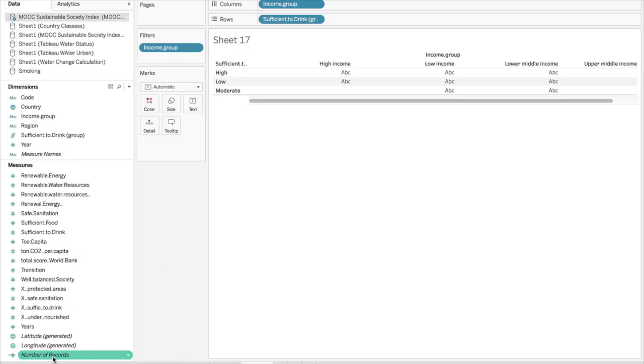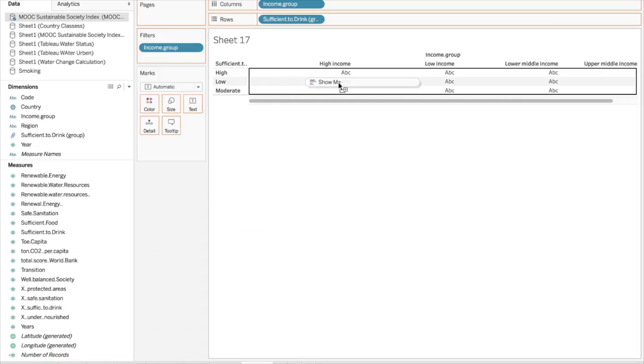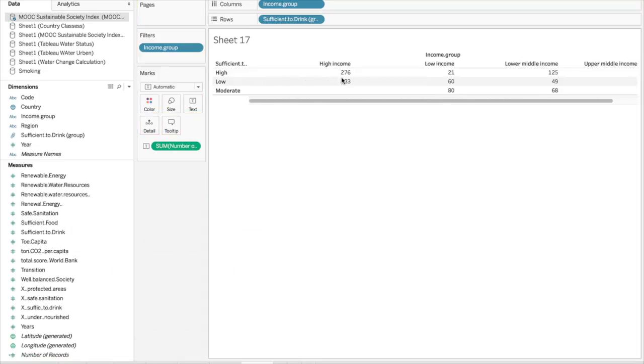It's the number of records that fall into these categories. So we'll go down here under measure and get the number of records, and we'll drag it up into this table. So now we can see we have a nice table of high income groups that have high access to water, low access to water, and interestingly there are none that have moderate.